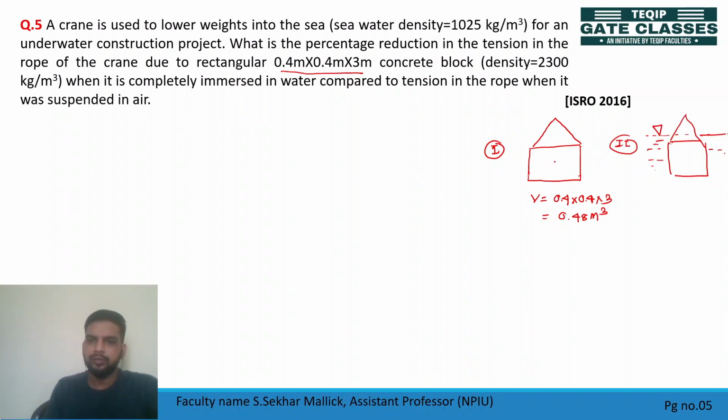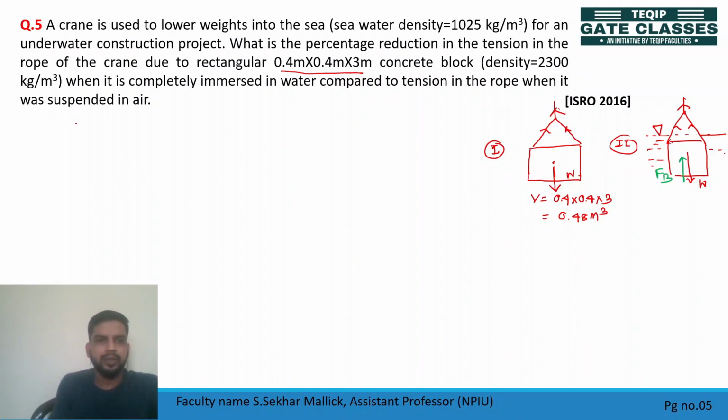So in this case how much is the net tension in the rope? So this is W, and in this case one is W, one buoyant force will act on this body. Suppose this is buoyant force.